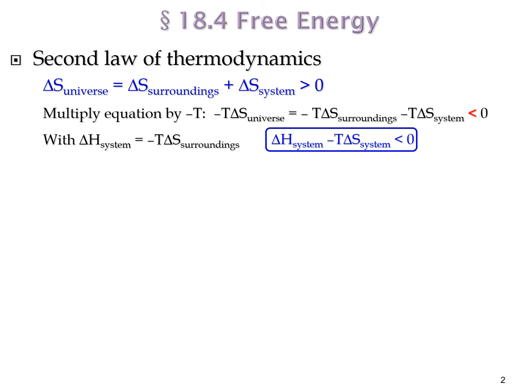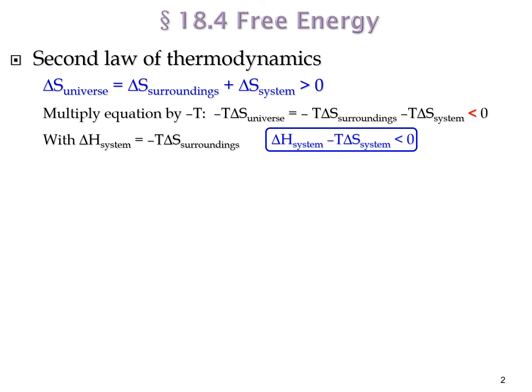Why? Because now we can just concentrate our measurement on the system so that it will give us a clue to determine whether this reaction is going to be spontaneous. Once we figure out what the delta H is, what delta S is, and what temperature the system is at, with this particular calculation, we should be able to predict whether this process is spontaneous.